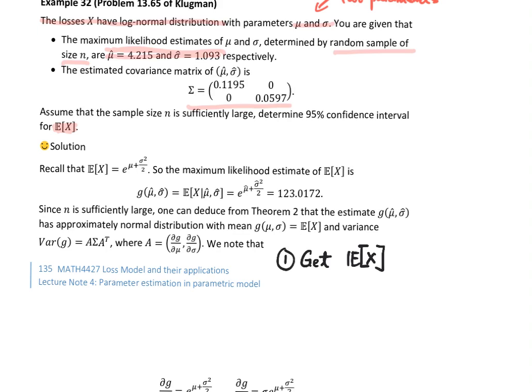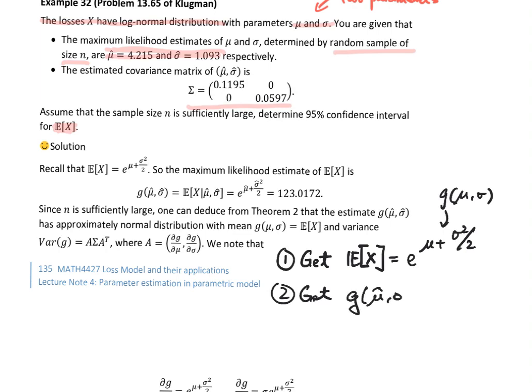As we know, if S follows the log normal distribution, the mean will be exponential to the power mu plus sigma square over 2. That will be your function G of mu and sigma. Then the second step is to obtain G of mu hat, sigma hat, which is your point estimator.